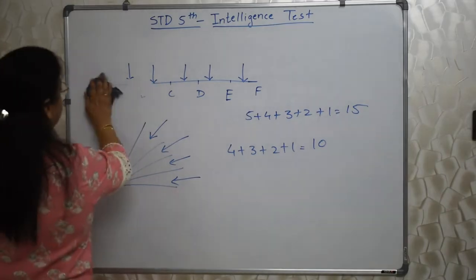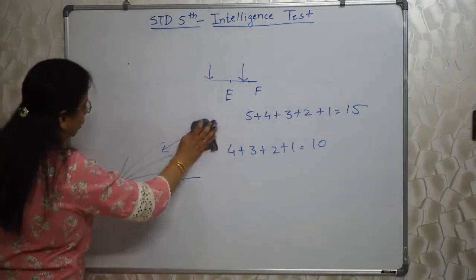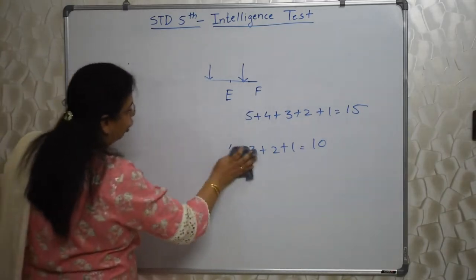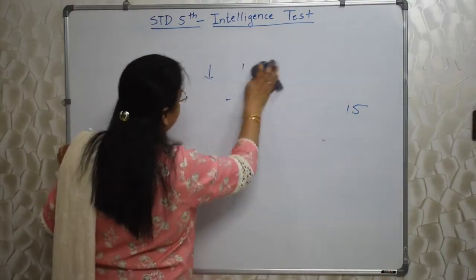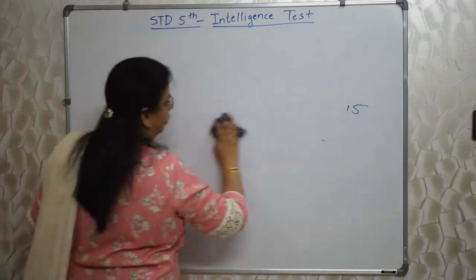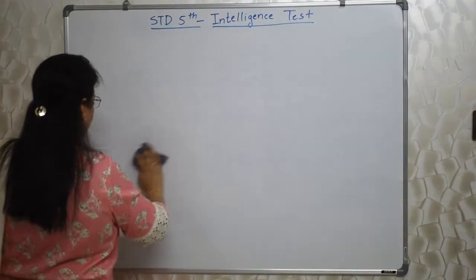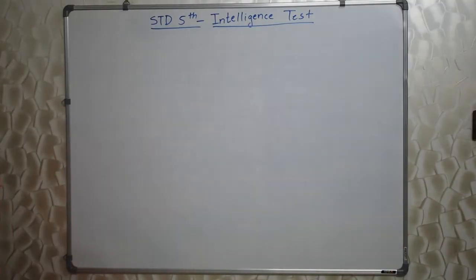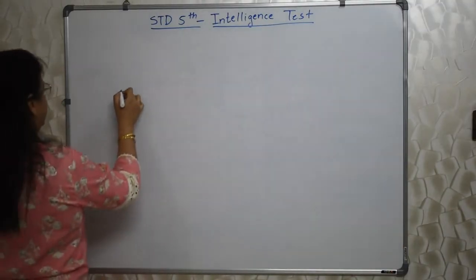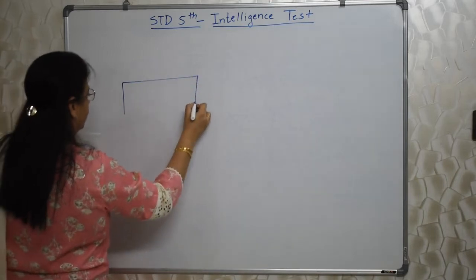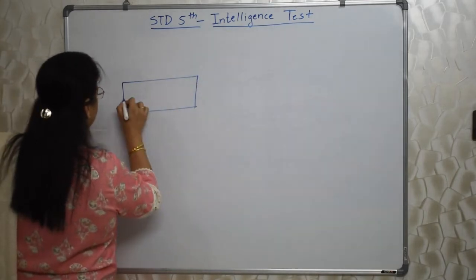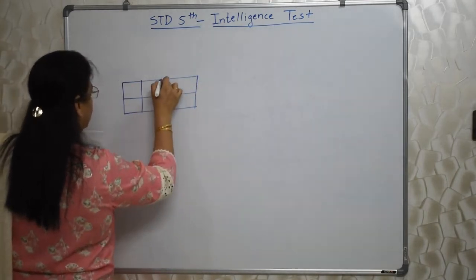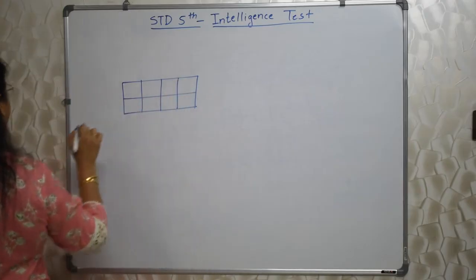Okay? Sometimes they ask you to count the rectangles or quadrilaterals or squares from a given figure. There also you should use formula. Okay? Now I will give you one example. Now this is a figure given.